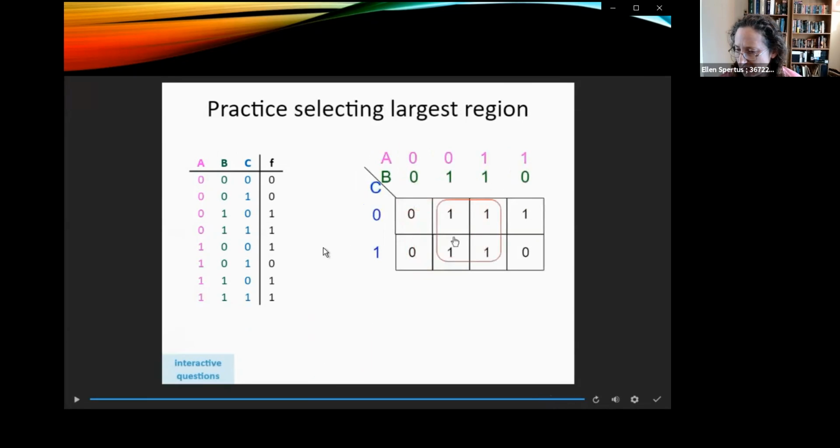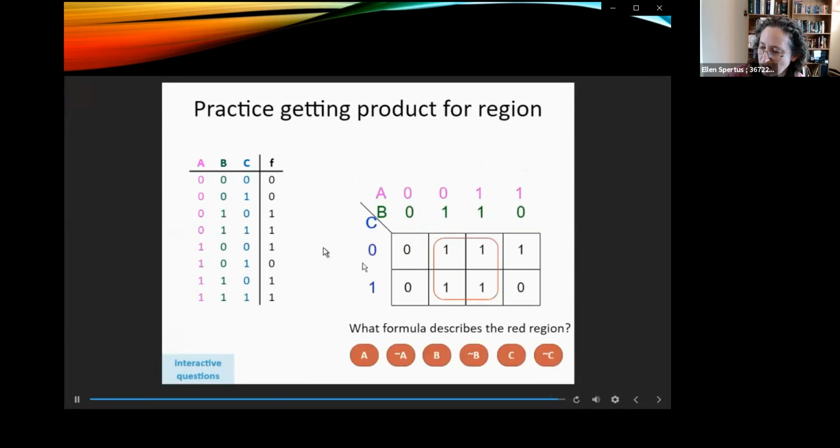I'll do that. And now they're asked to choose the product for the region. And I'll choose a wrong answer. No, the formula wouldn't include A because A is sometimes 0, sometimes 1 in the region. And now I'll choose the correct answer, B.